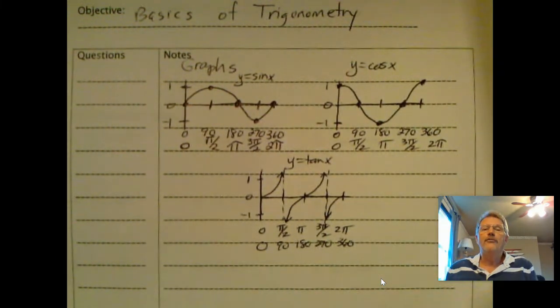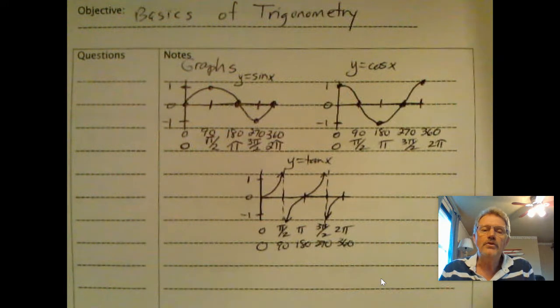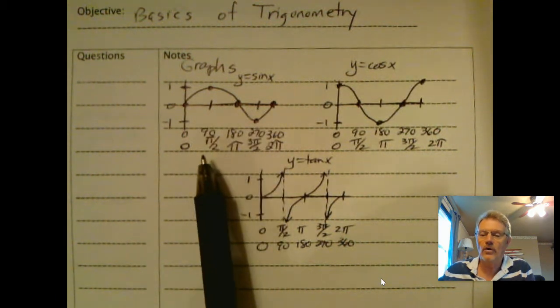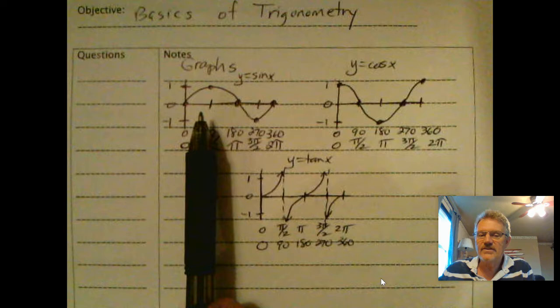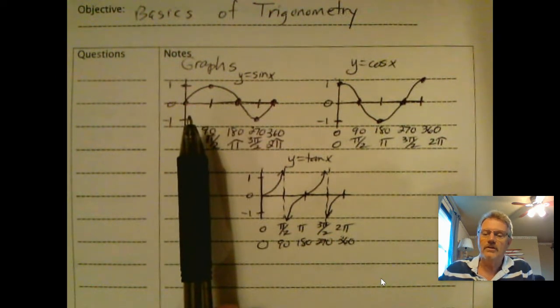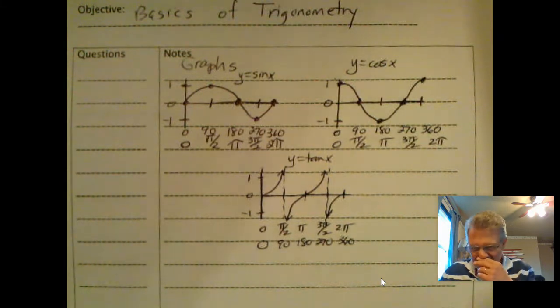Now from these graphs, you could be asked a ton of questions. Remember how I said that they're split into 4 sections? Those are the 4 quadrants. This x-axis is the unit circle cut at the point 1, 0 and just kind of flattened out.